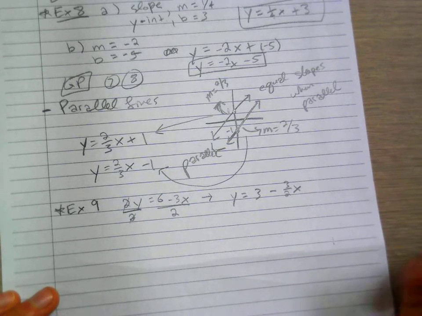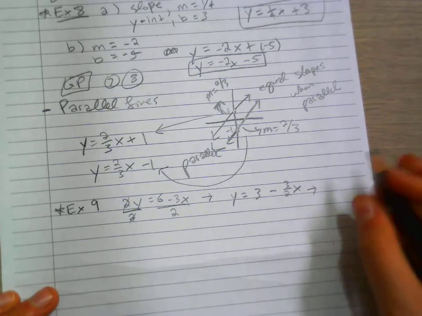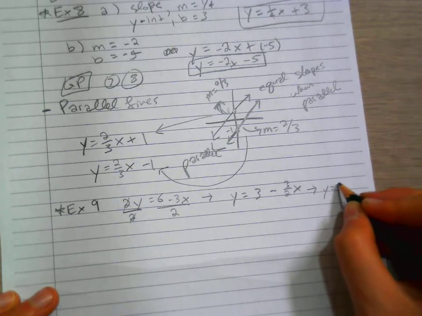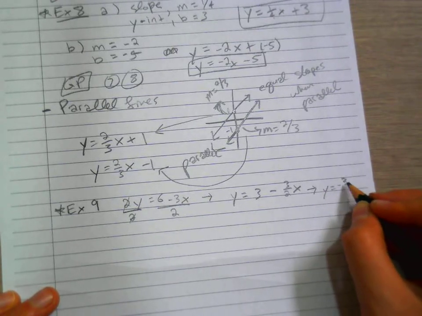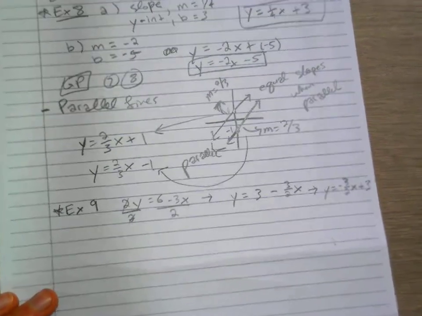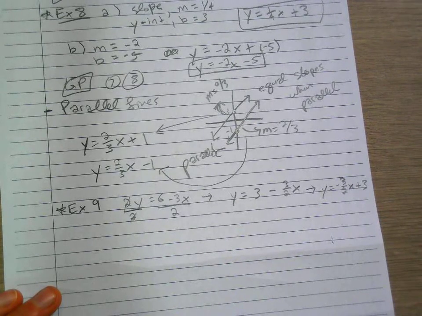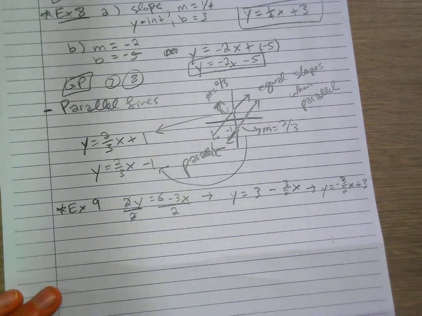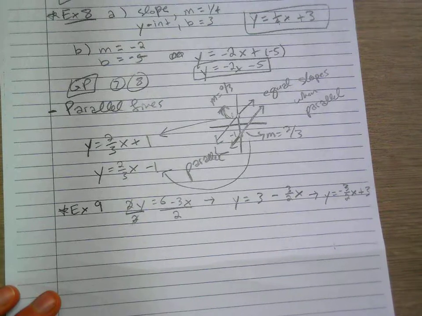If we want to put that in slope-intercept form after that, we say that y is equal to negative 3/2 x plus 3. And that gives us our slope-intercept form.